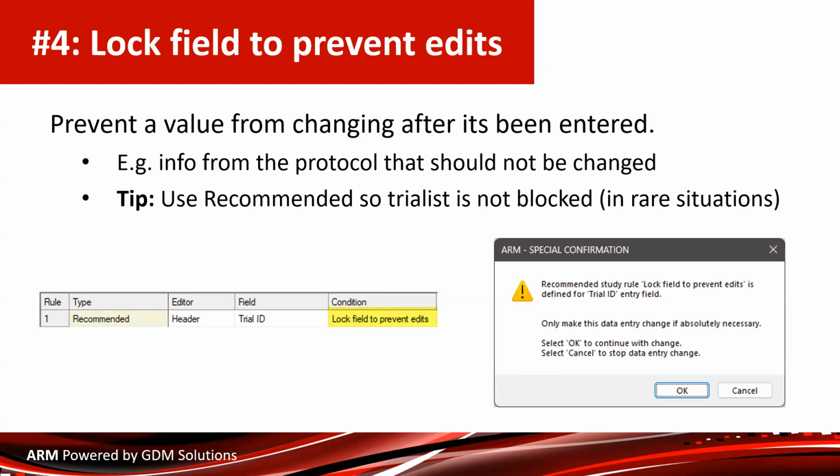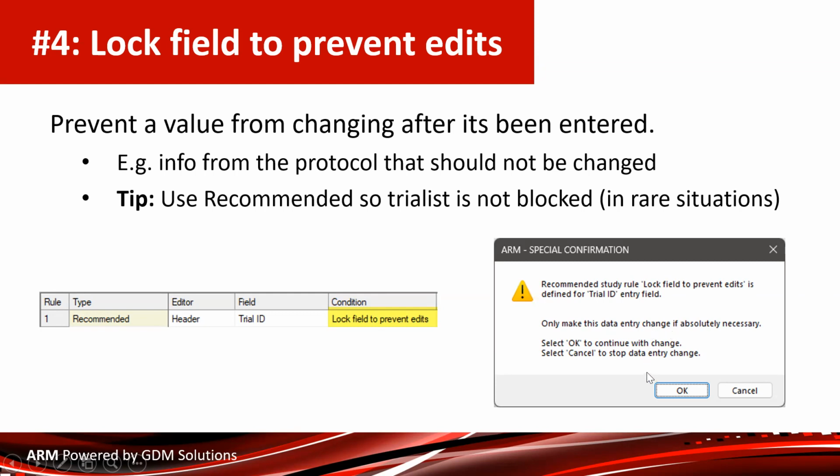The reason is, if you use required for the type, then there is absolutely no way that someone else can change the information. However, if you set this to recommended, then if the user were to click into that field and try to change it, a message pops up and warns them that it's recommended not to change this. Only change this if you absolutely have to.